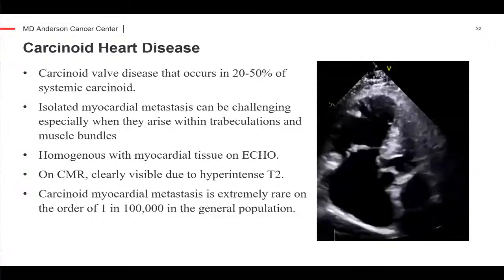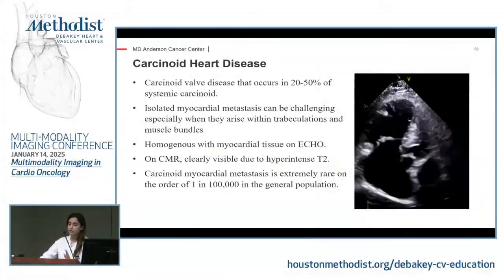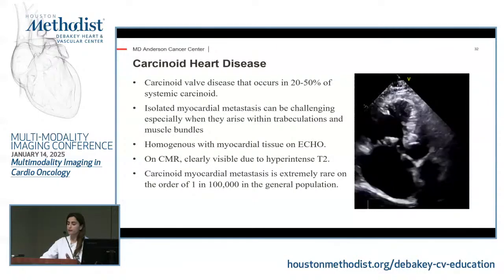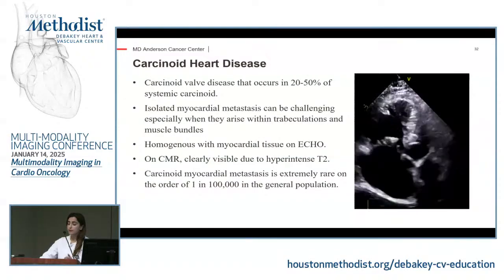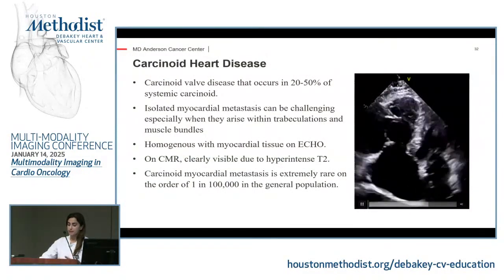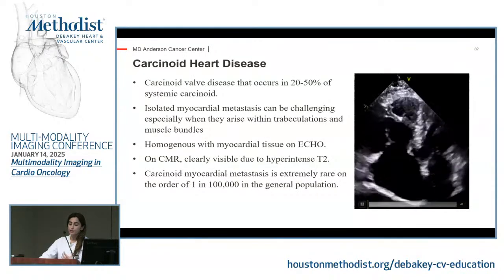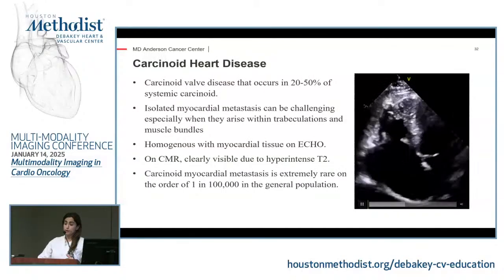So again, what we normally see is the carcinoid valve disease, tricuspid, followed by pulmonic valve involvement. You all see it probably, the thickened, restricted leaflets, as you see here on this echo. But we need to start thinking beyond just valve disease with carcinoid.